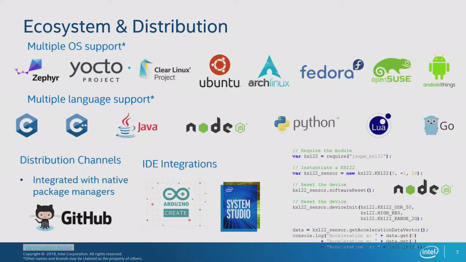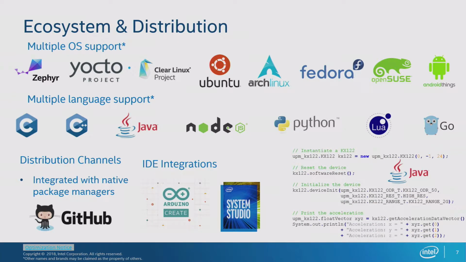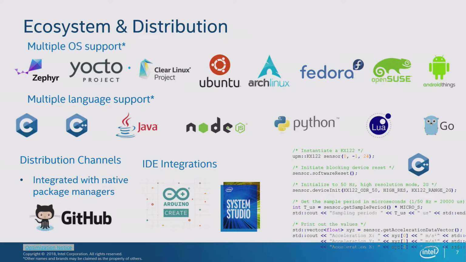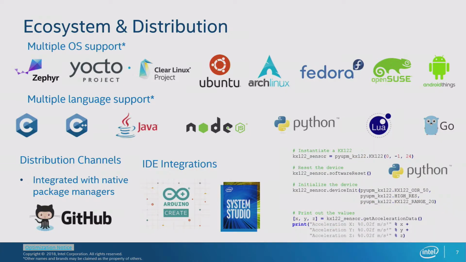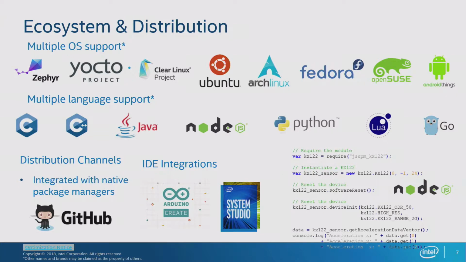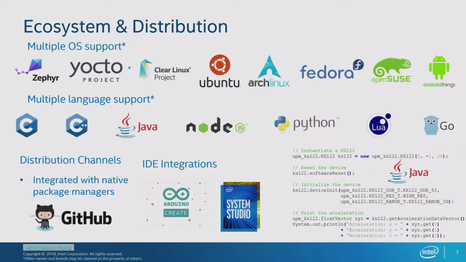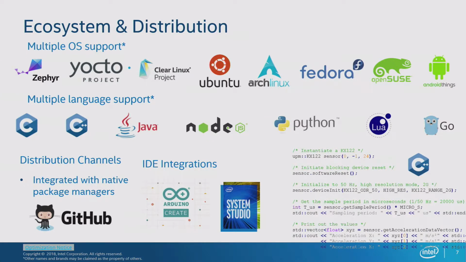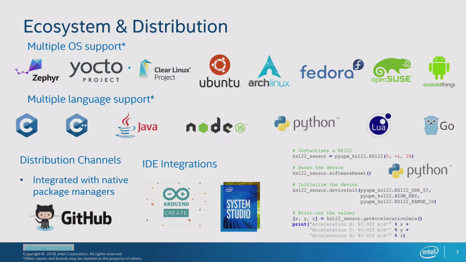So let's move a little bit more into the ecosystem and how you can get these libraries. Well, there's multiple OS support, and what I mean by that is not that you can just grab the code and build it and have it working on that OS, but really for a lot of these we have native distribution channels, so you can get them as packages for that system.